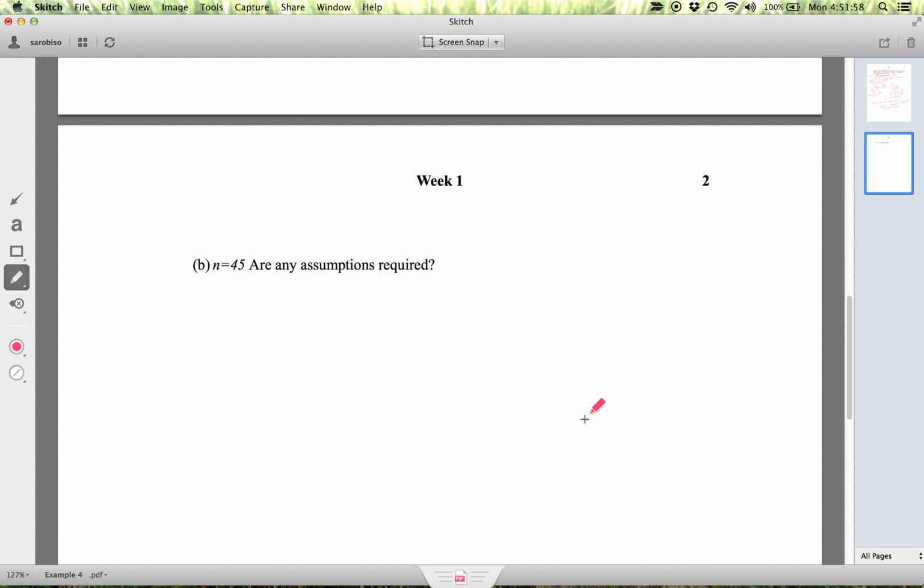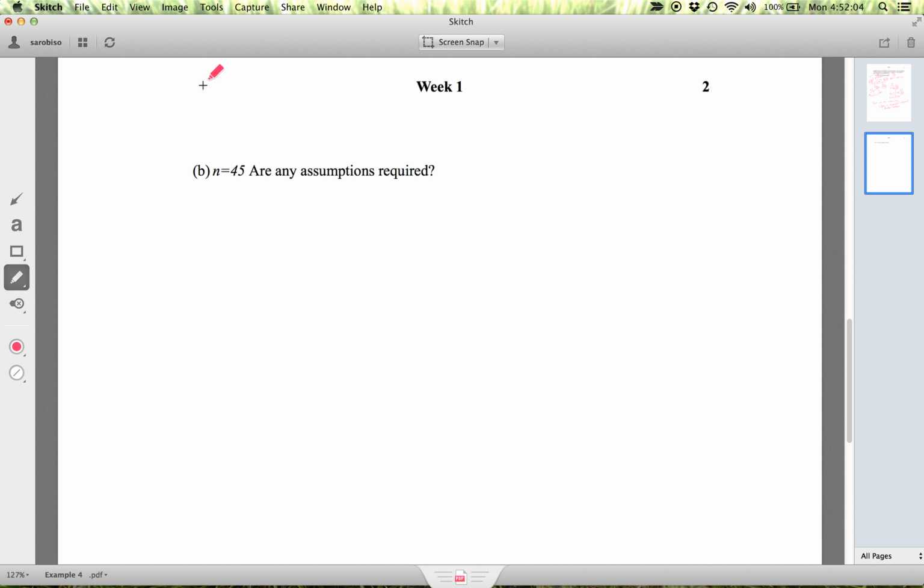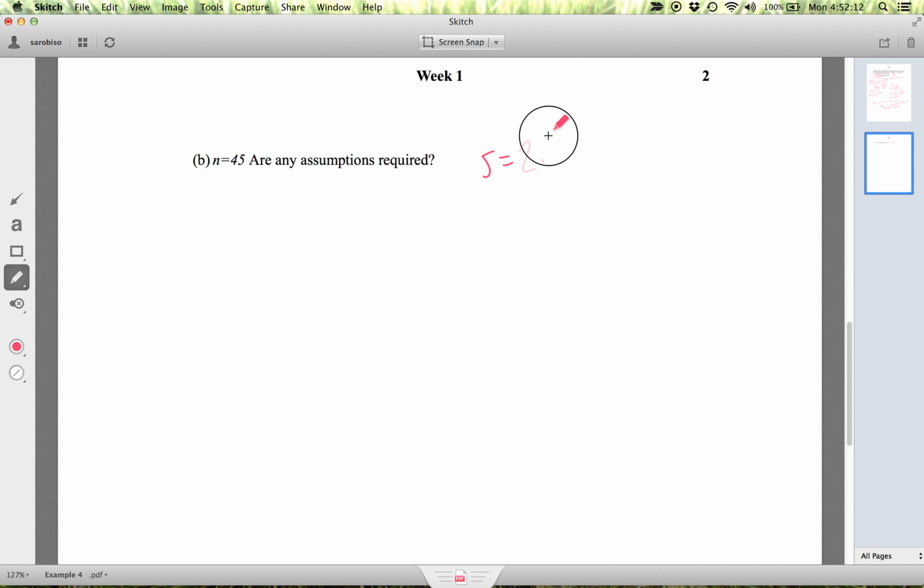For part B, same information, but this time we'll change the sample size to be 45. We still have S, which was 2.6, and we still have X bar, which was 13.2. Because we have S, we should really be using a t distribution.